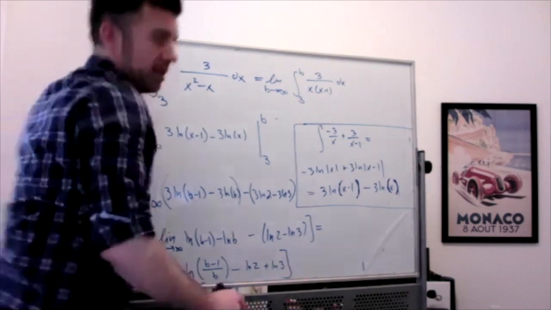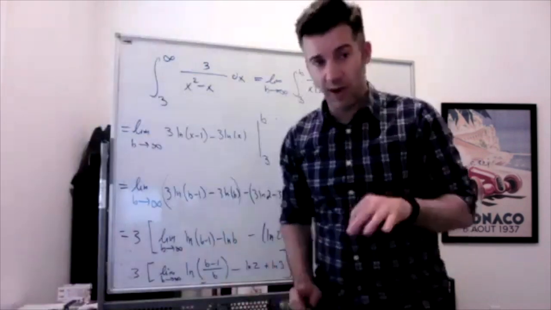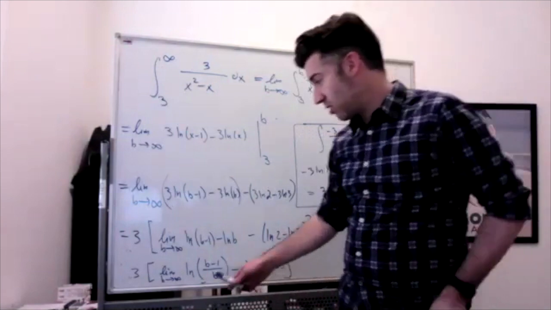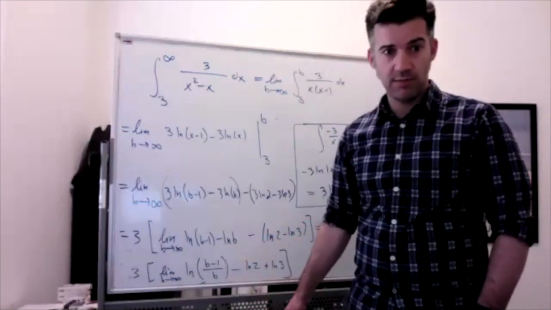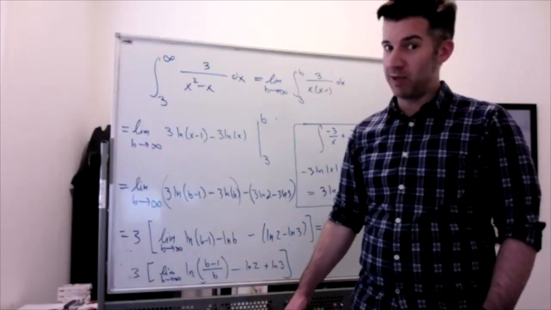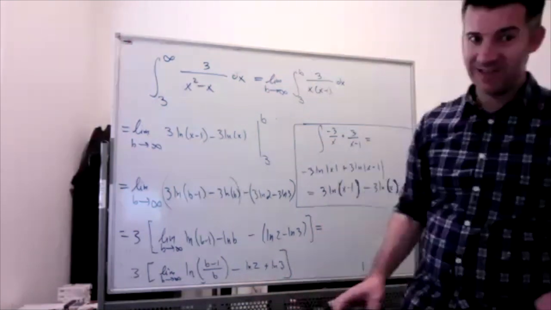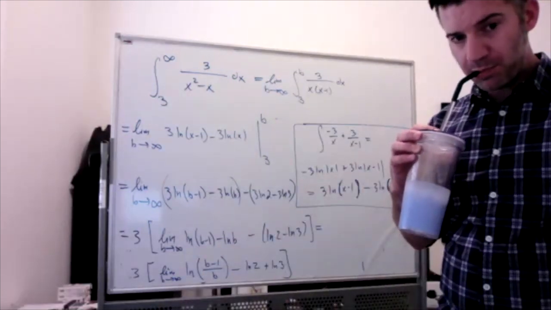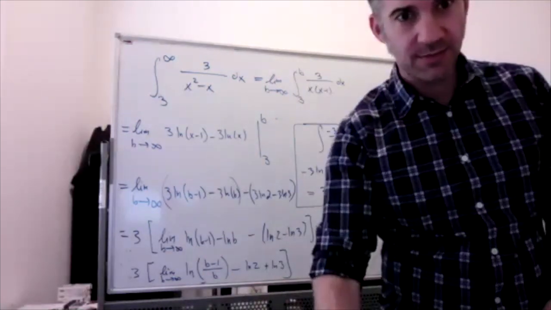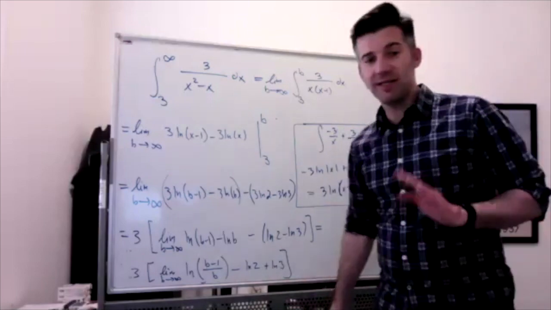Okay, now, even if you don't think you know it, you actually know it. Everybody knows what the limit as b goes to infinity of b minus 1 over b is. Can anybody tell me what it is? Let me ask you guys a different question.